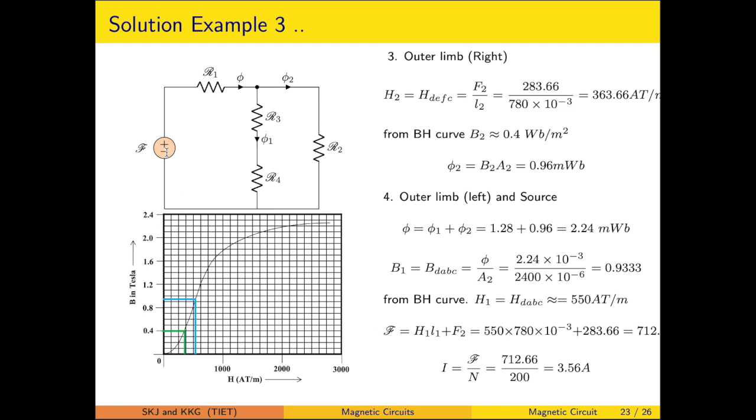So net source MMF will be the MMF across the outer limb plus the MMF in the central limb, or the MMF in the right outer limb likewise. That particular is calculated. Once the source MMF is known, we can calculate the current needed likewise.